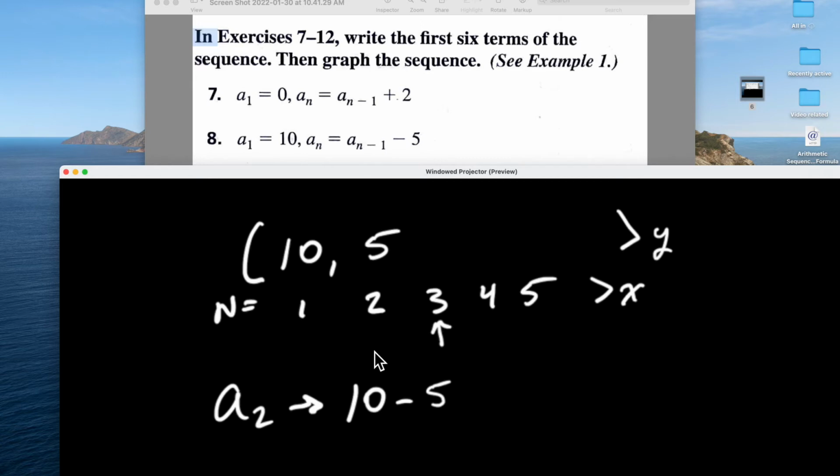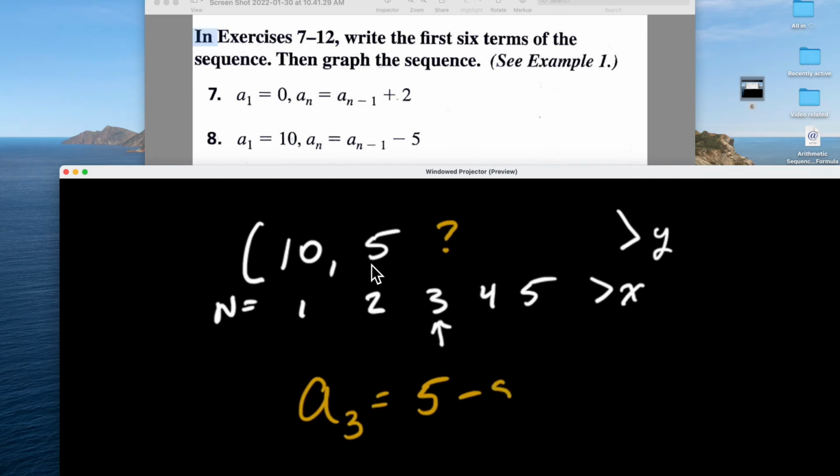Well, let's look at that. The value at position 3, right now we don't know what it is. We're going to take the value at the position to the left of it, 5, and we're going to subtract 5. So that's going to be 0.